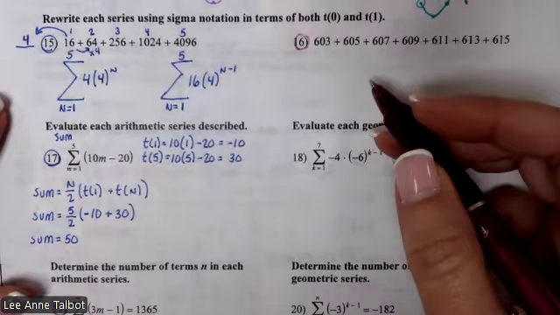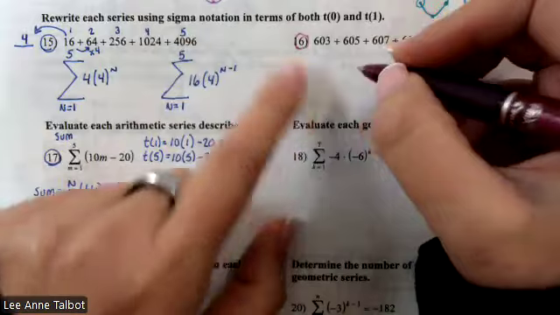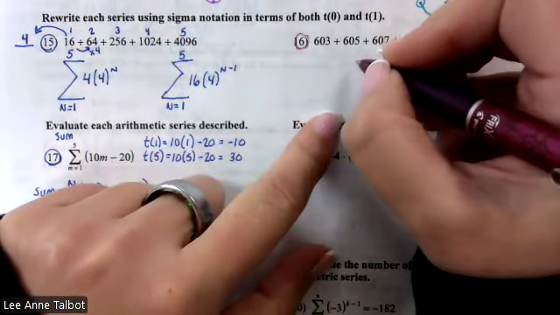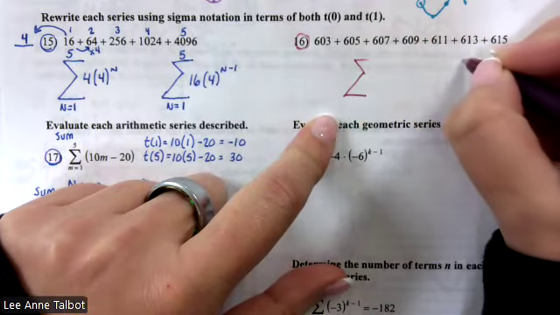All right, number 16. Rewrite each series using sigma notation in terms of both T0 and T1. So I'm going to make two sigmas.